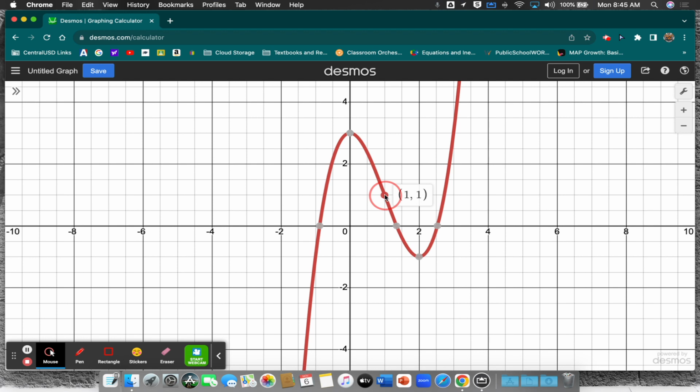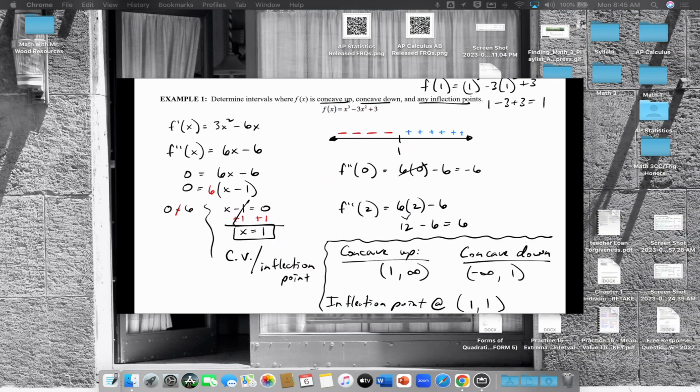Everywhere before that point, it's spilling water. Everywhere here, it's holding water. This is the original. So without graphing the original, you can tell that by using the second derivative test. Okay? That's essentially the second derivative test.